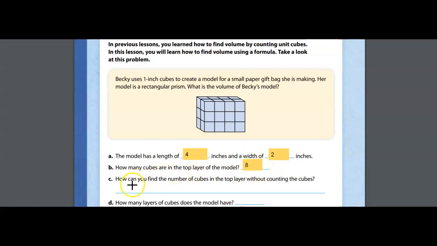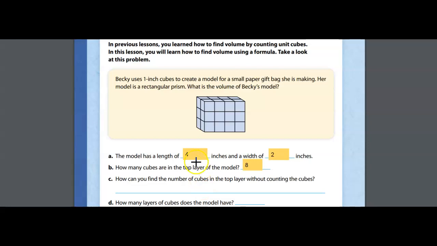And question C asks us, how can you find the number of cubes in the top layer without counting the cubes? So at this time, think to yourself, how do you think you could have found the number of cubes on the top layer without even counting? Good job, boys and girls. We could have simply multiplied.